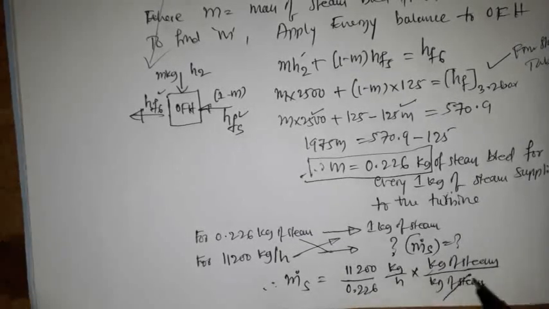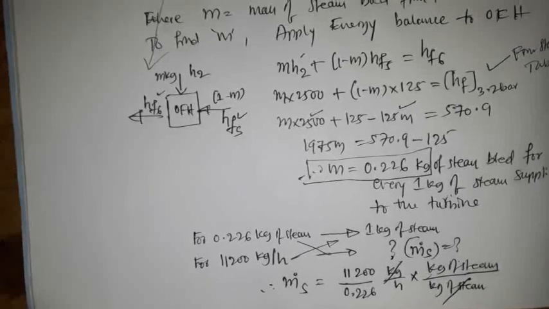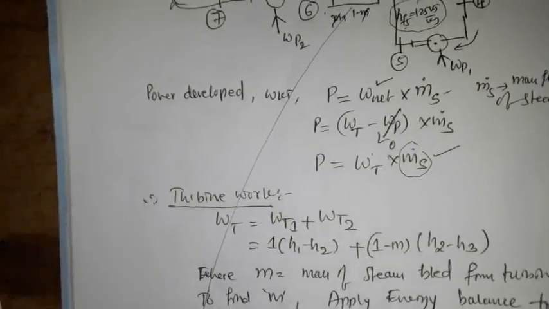So here kg of steam and kg of steam cancel. So kg of steam supplied in 1 hour to the turbine, that is the mass flow rate of steam supplied to the turbine.